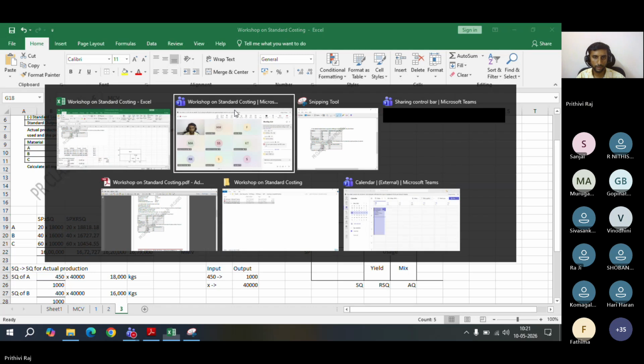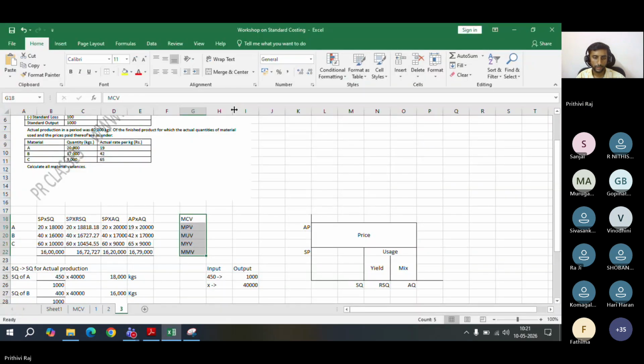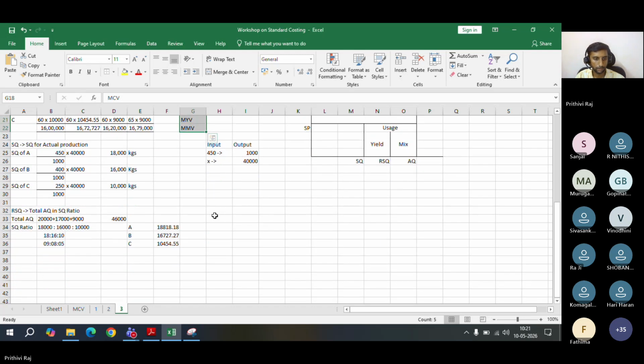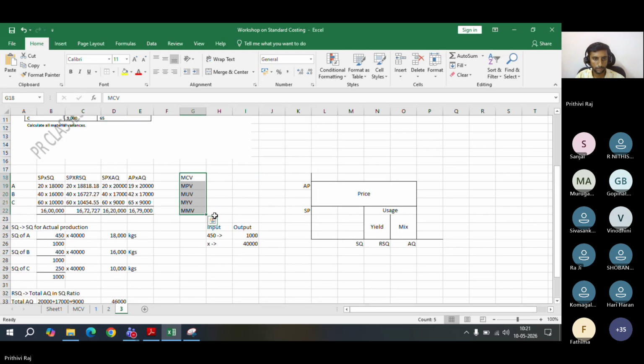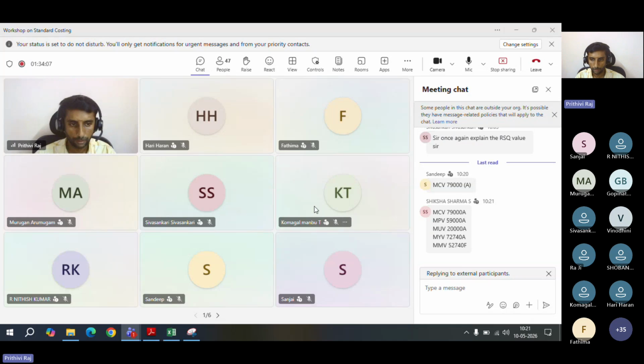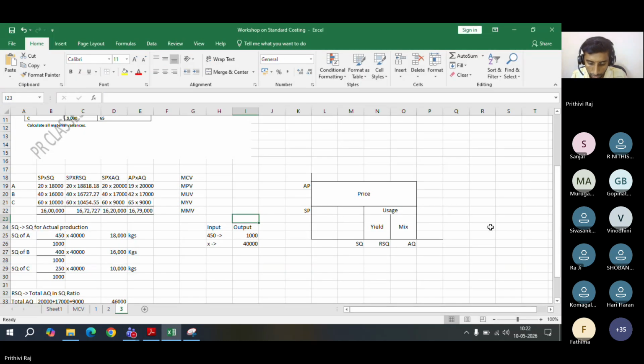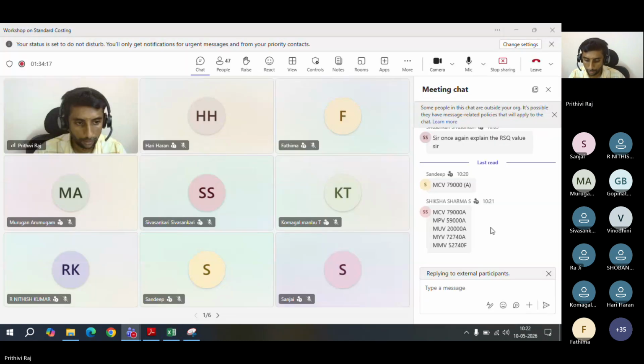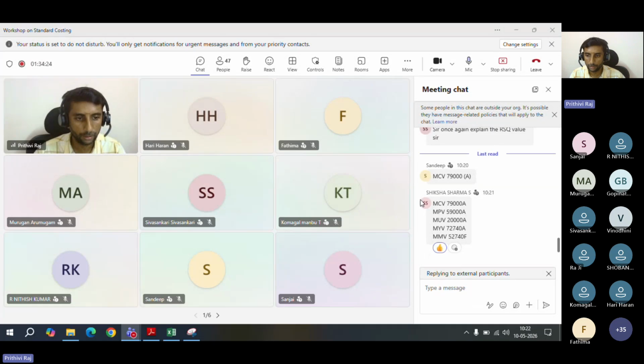Students, hope you are solving. All the participants, please try to be interactive and solve this. I got one answer: material cost variance, price, usage. Yes, this is correct. Super. How about others?